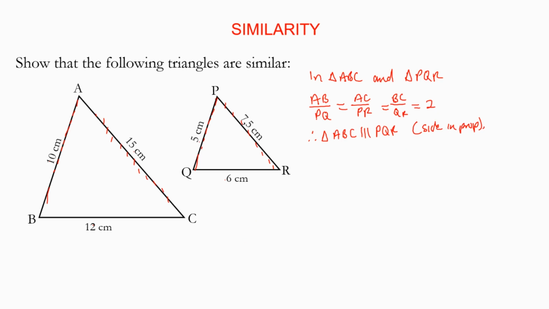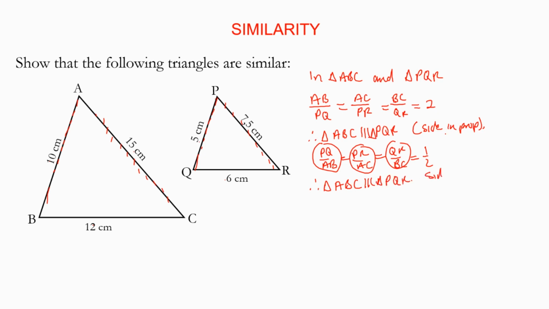Even if you do it the other way around, where we start with the smaller triangle, you can say PQ over AB is equal to PR over AC is equal to QR over BC, and then equal to half. All this is half, this is half, this is half, 1 over 2, all of them. So we say the sides are in proportion, therefore triangle ABC is similar to triangle PQR. Okay, sides in proportion.